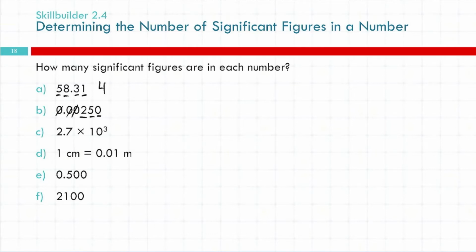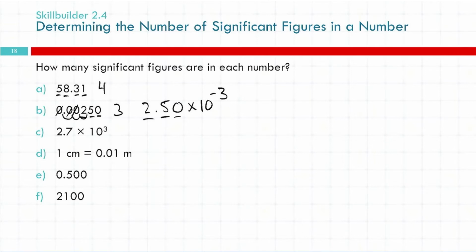All 3 of those are significant, right? And if you wanted to convert this into scientific notation and make it a little bit easier, you would move this over 1, 2, 3 places. So you get 2.50 times 10 to the negative 3. All right, and so then it's a little easier to see.